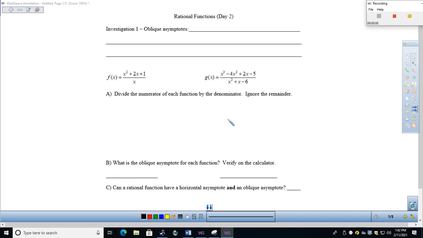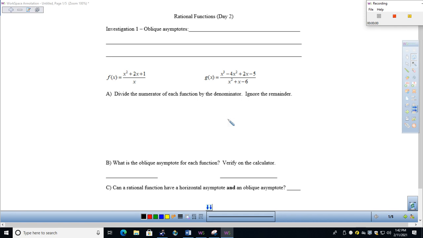So we're going to start with a different type of description of end behavior. So again, as n gets large positive or large negative, what's going on with the function values of the rational functions? As you see on your paper, investigation 1 deals with what are called oblique asymptotes, sometimes called diagonal asymptotes.